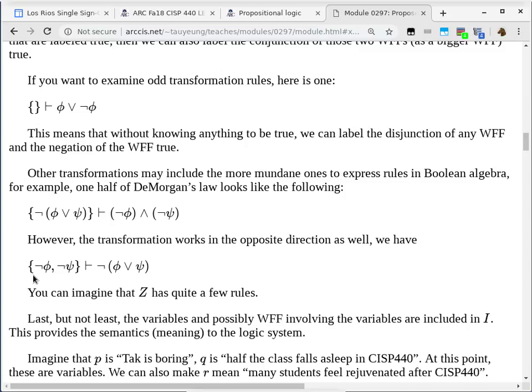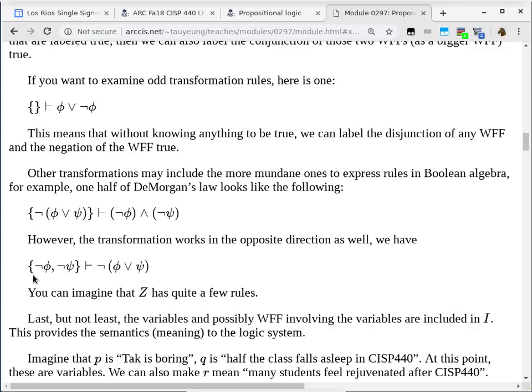So this is how we can propagate the labeling of well-formed formulae that are true. Is that okay? You can see how this can yield a lot of labeled well-formed formulae that are true, but it's not productive whatsoever.